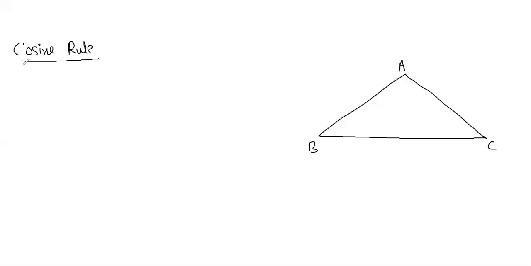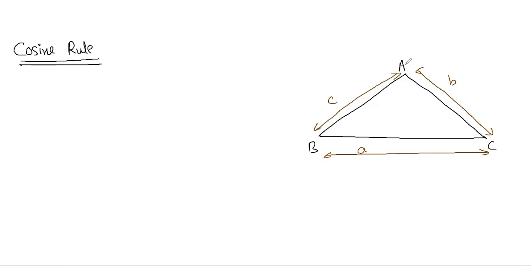Now we will discuss another rule related to triangle, and the name of the rule is cosine rule. So again, this is a triangle ABC, and I will use the same convention. The side opposite to angle A is small a, side opposite to angle B is small b, and side opposite to angle C is small c.